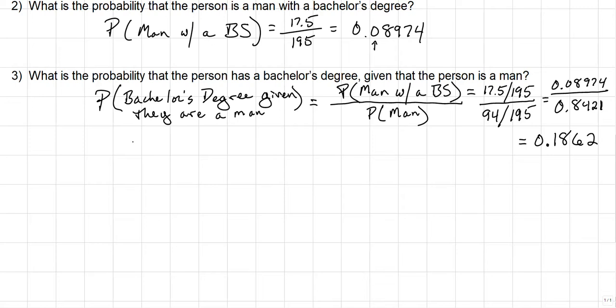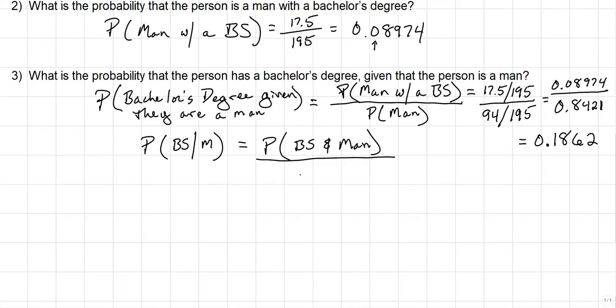So this really becomes the probability of B given A. So this is the probability of the BS given that they're a man, which is equal to the probability of having a bachelor's degree and being a man divided simply by the probability of being a man.